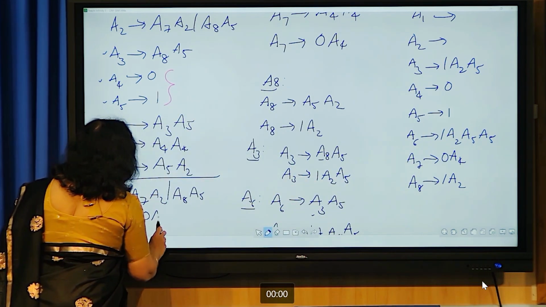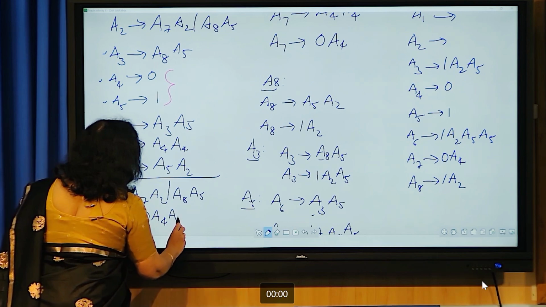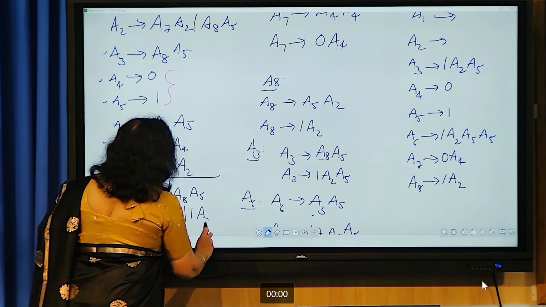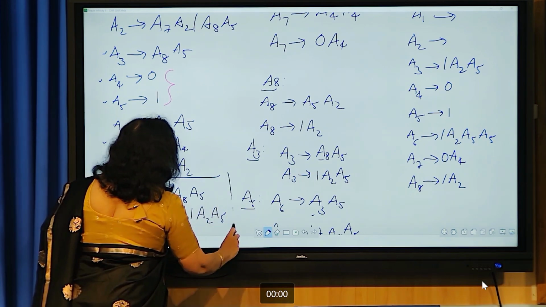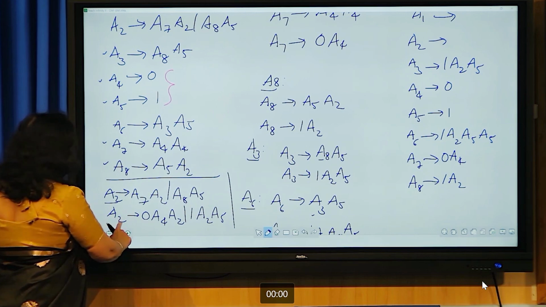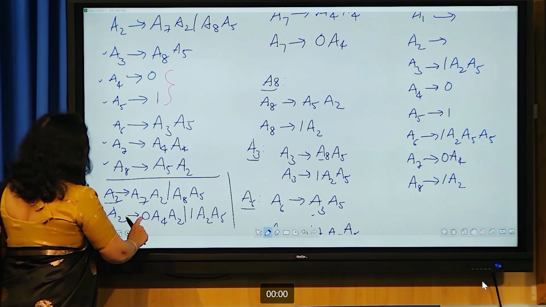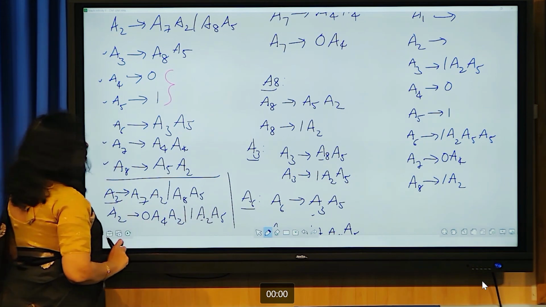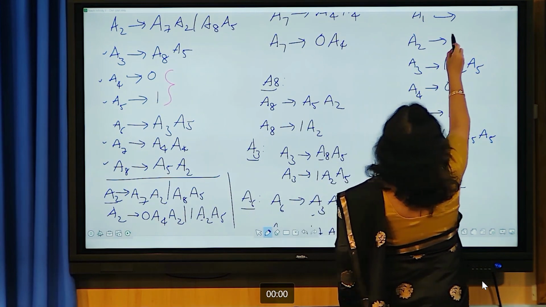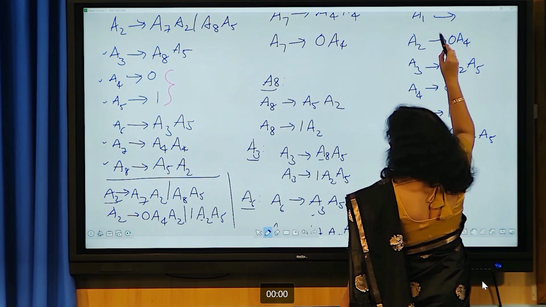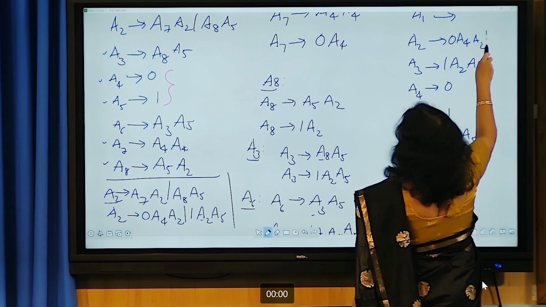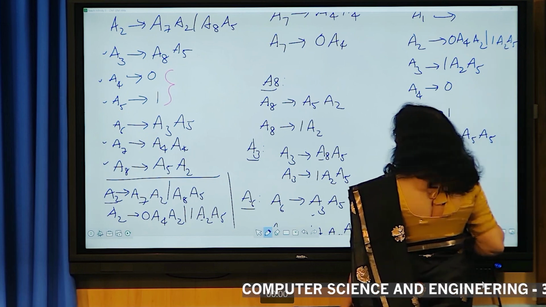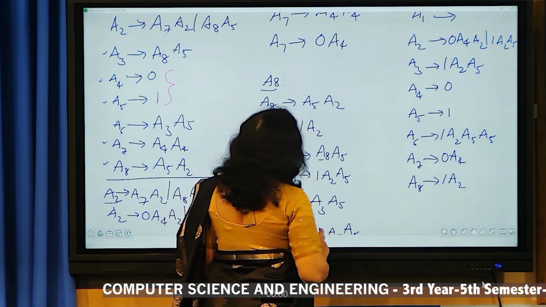So 0, A4, A2 or what is A8? 1, A2. So 1, A2, A5. So we got the value. This is in GNF. There is one terminal followed by variables. So this has come to GNF. A2 is 0, A4, A2 or 1, A2, A5. So now A2 also is in GNF.